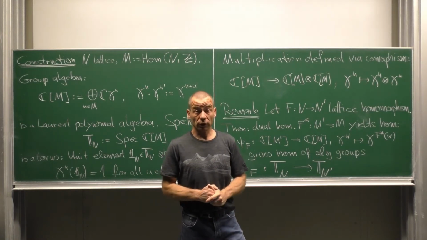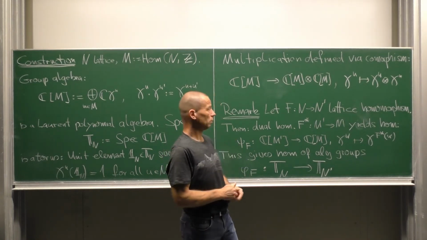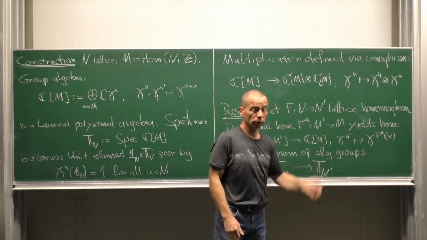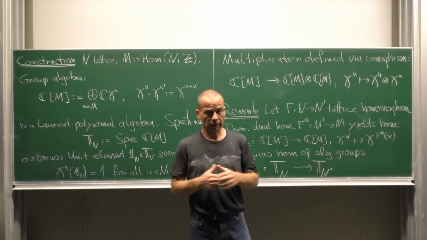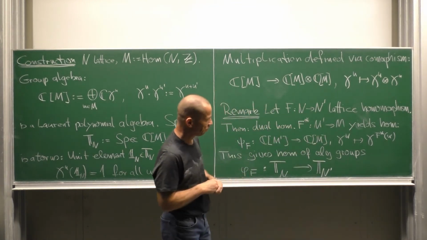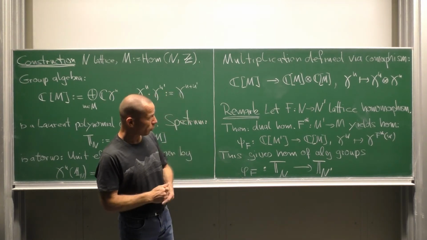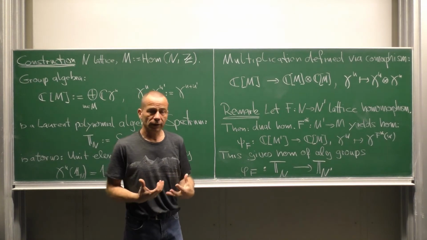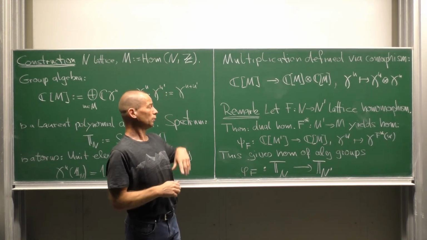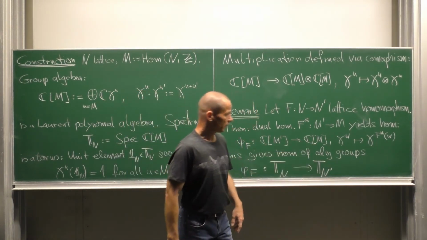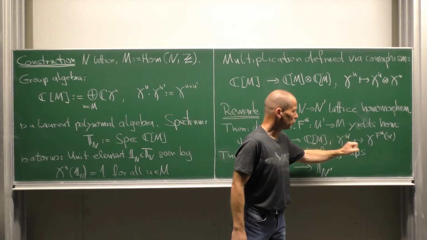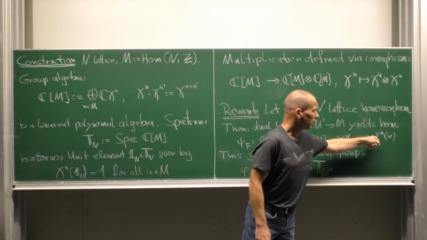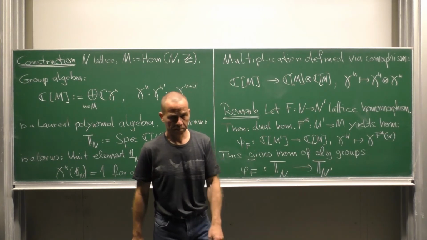This construction is even functorial. Let f from N to N' be a lattice homomorphism. Then we have the dual homomorphism of the dual lattices, and this gives us a homomorphism of the group algebras, sending a chi^u' to chi^(f star of u').